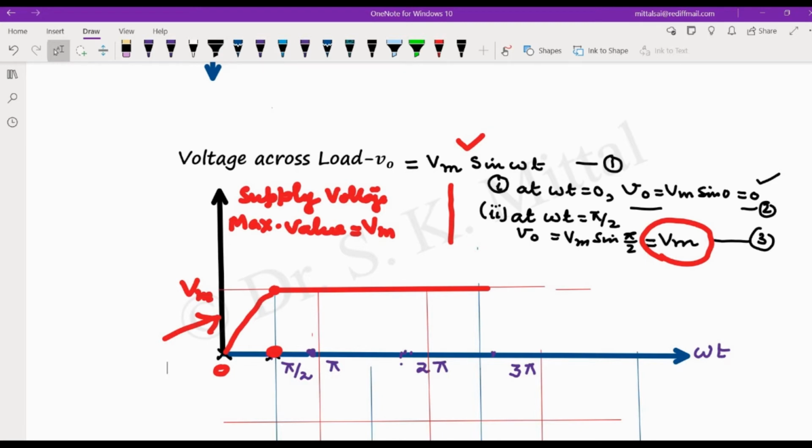At pi by 2, we observe that the voltage across the capacitor is Vm, and Vm is nothing but the maximum value of supply voltage. The fundamental of a capacitor says that it charges till its maximum voltage. Since the maximum voltage supplied to the capacitor is Vm, for the further period the voltage across the capacitor remains equal to Vm. So this is the voltage across the load or voltage across the capacitive load.